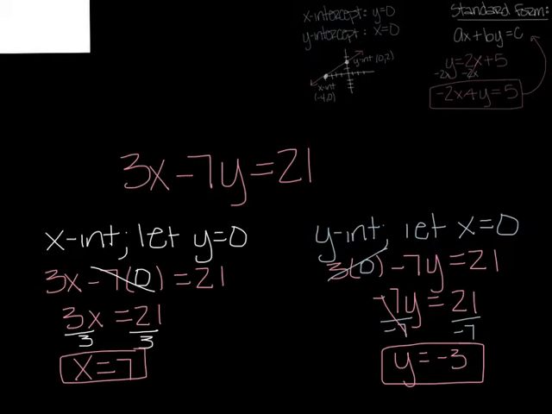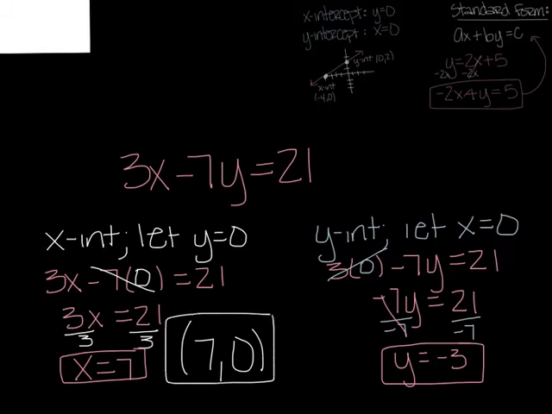So when x is 7, y is 0. So there's one intercept. And the other intercept, when x is 0, y is negative 3. This is the preferred way to write the intercepts.